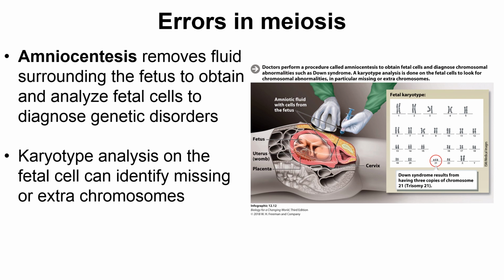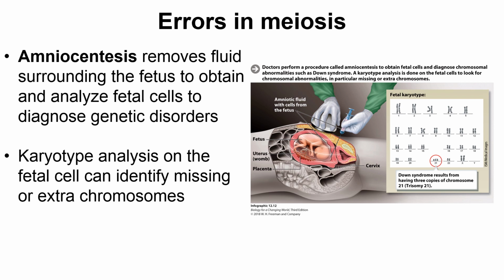Essentially, the doctors inject a needle into the belly and remove some of the liquid that is surrounding the fetus, and they submit the samples to a laboratory where they do a very simple test, basically a karyotype.